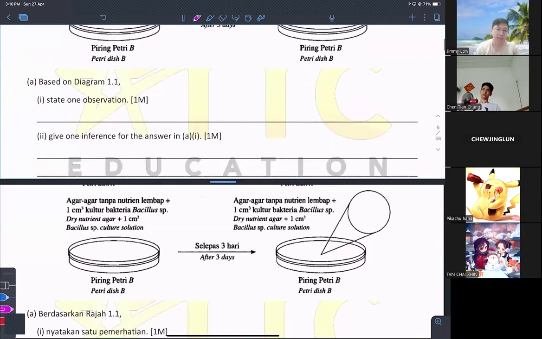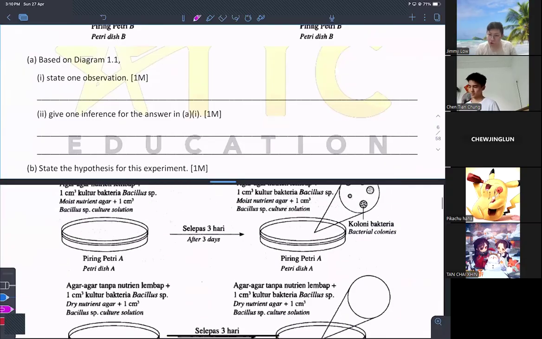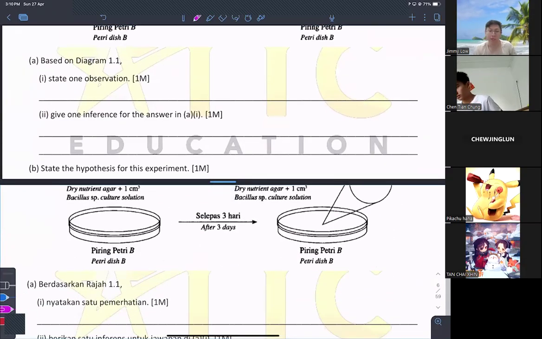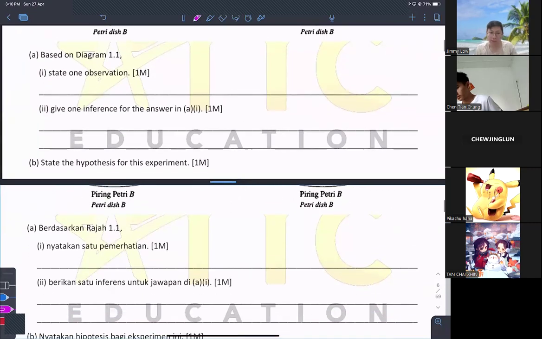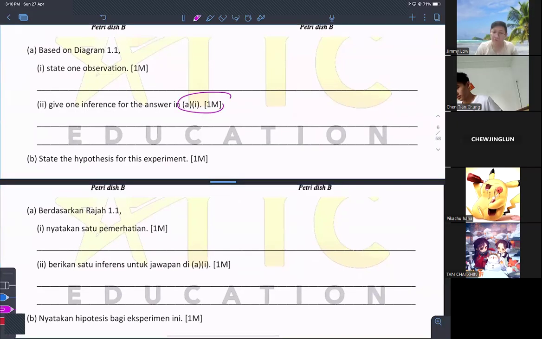So you see, state one observation. Based on what you can see, A shows colony bacteria and B doesn't show colony bacteria. Just choose one of them to answer. Better try not to write both, otherwise it is going to be super wordy in your inference here.